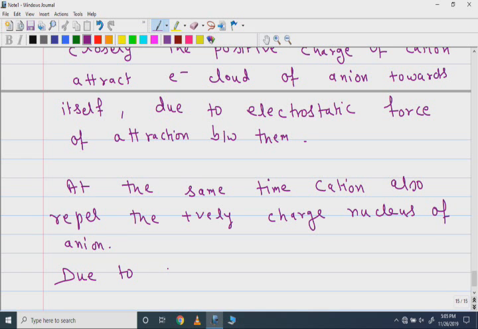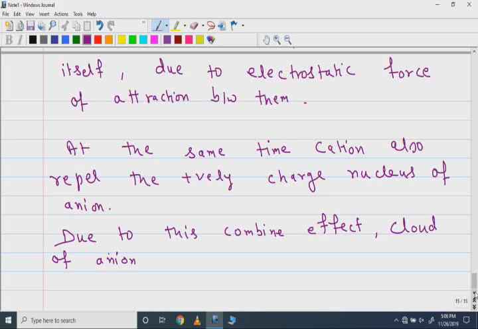Due to this combined effect, the electron cloud of the ion is elongated towards the cation.